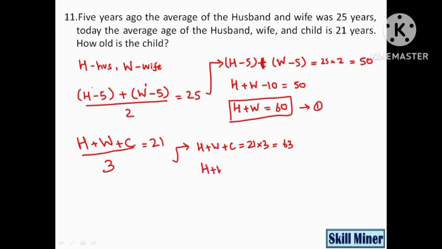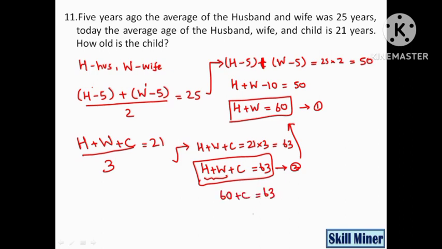So h plus w plus c is equal to 63. This is the second equation. Okay, we know that h plus w will be 60, I am getting from equation 1. So 60 plus c is equal to 63, which means c is equal to 63 minus 60, which is equal to 3 years.